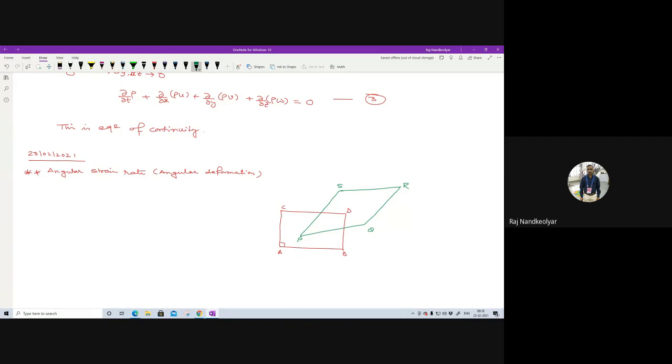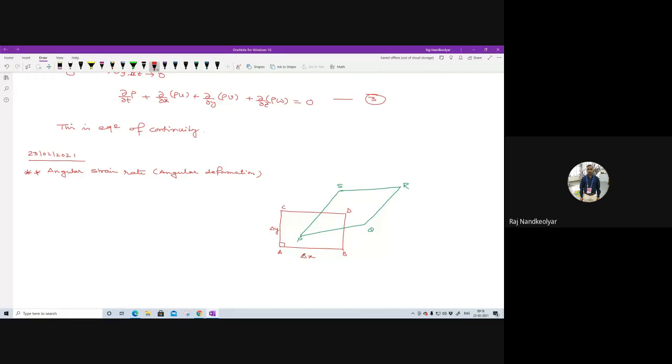Initially, the shape of the fluid element was ABCD, and the size was, let us say, delta X and delta Y. This was delta X and this was delta Y. Okay, and after some time, let us say delta T time, it continuously deforms and takes this shape PQRS.